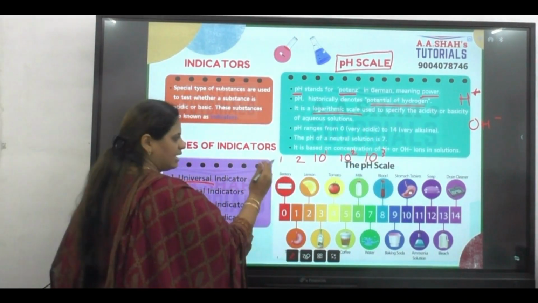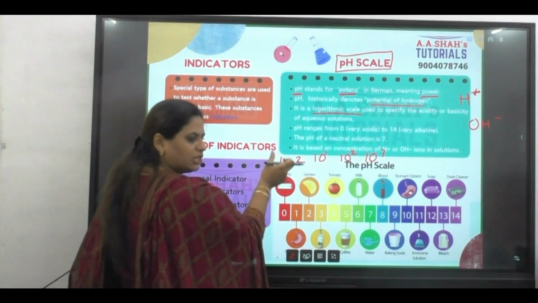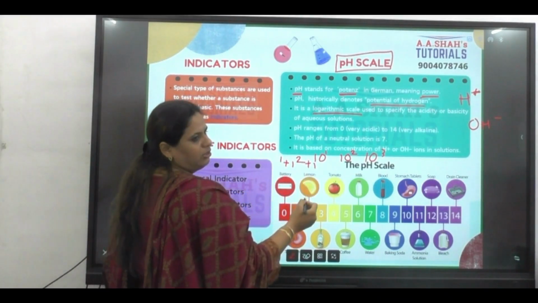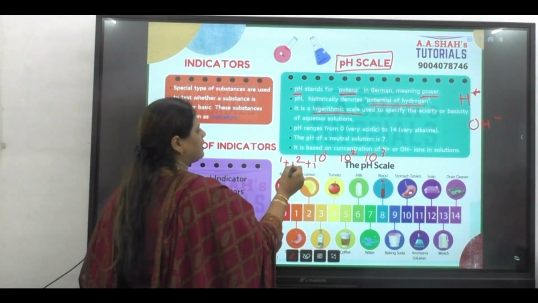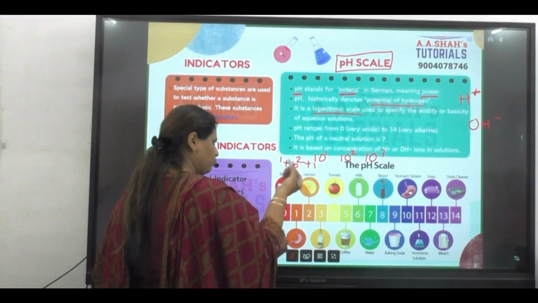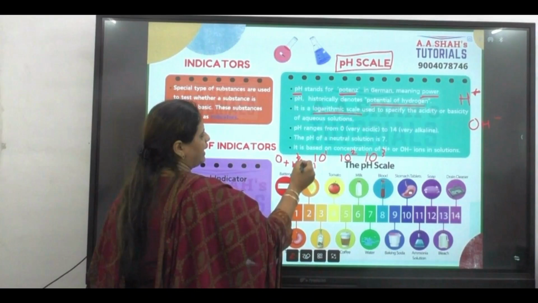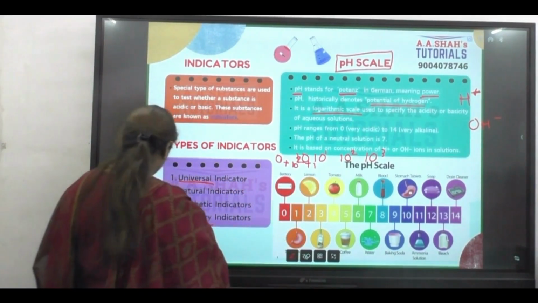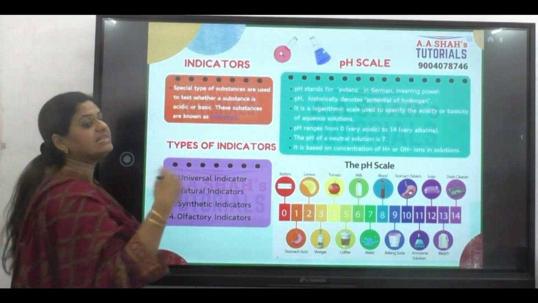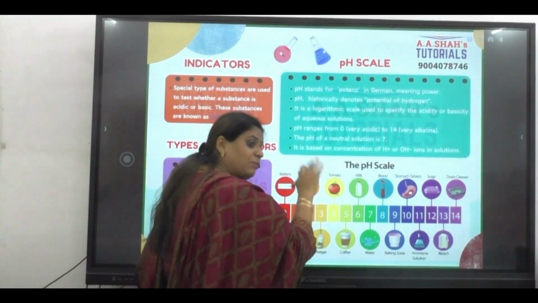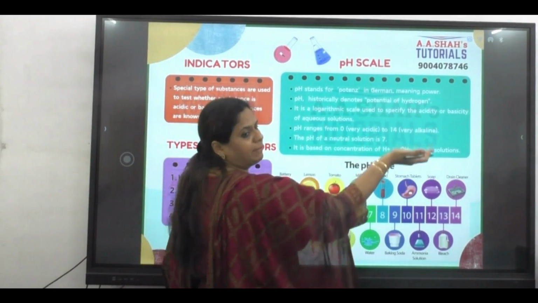It's not a linear scale increasing by the addition of a particular number, like 1 plus 1 is 2, 2 plus 1 is 3. Or even if you take plus 10, if you start with 0, 0 plus 10 you get 10, then 10 plus 10 you get 20, and so on. Each number is increasing by plus 10. But in a logarithmic scale, it is a multiple. 10 multiplied by 10, then another multiple of 10.